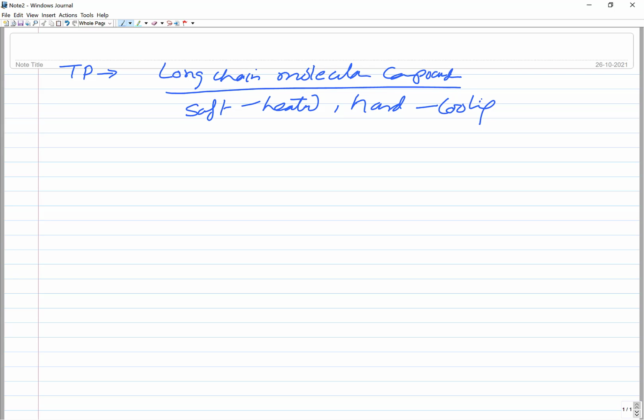The logic here is simple: heat, they will get softened; cool, they will get hardened. When you heat it again they will get softened. And this phenomenon comes from the fact that no chemical reactions take place with the thermoplastics.